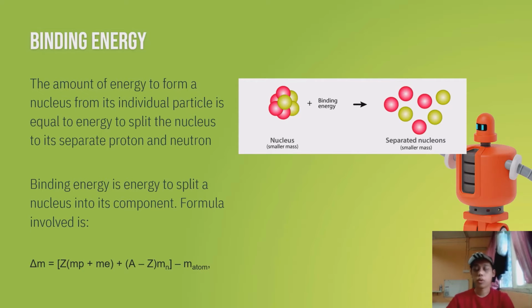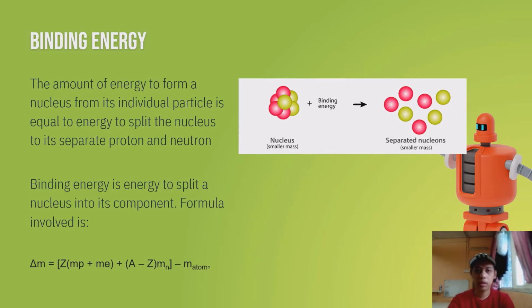So we can say that the binding energy is to split a nucleus into its components, and the formula involved in binding energy is this formula below. And there was a diagram here to make it more clear. Let's say that the X is proton and the yellow one is neutron, and when we add binding energy, it will separate.